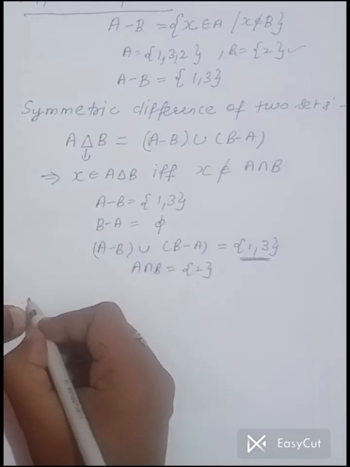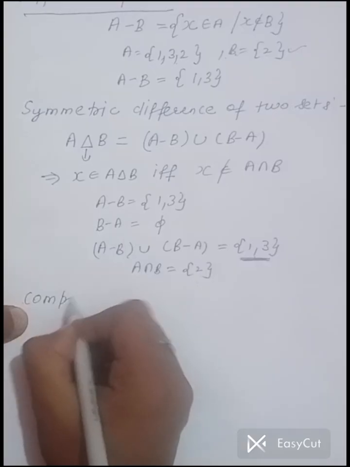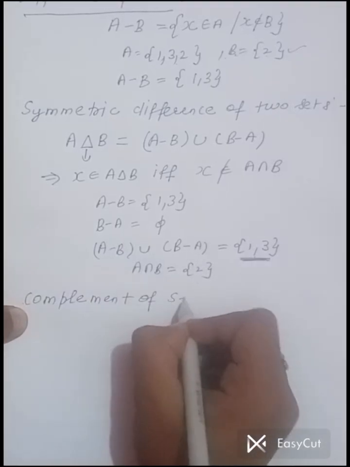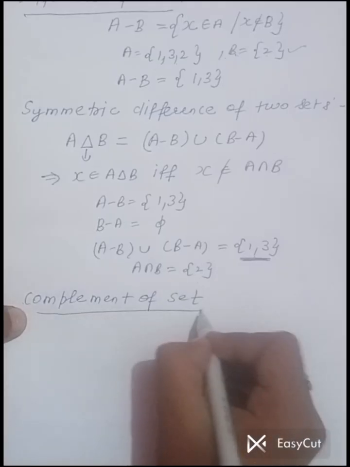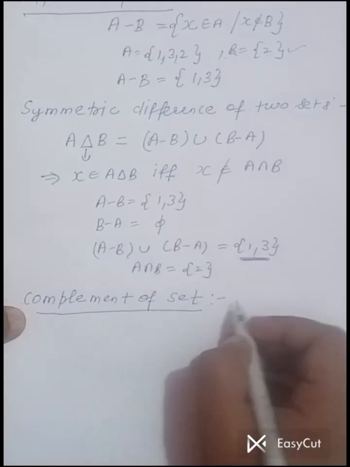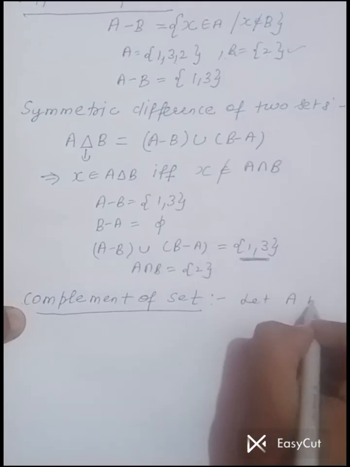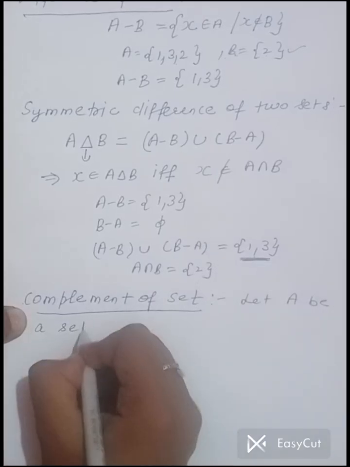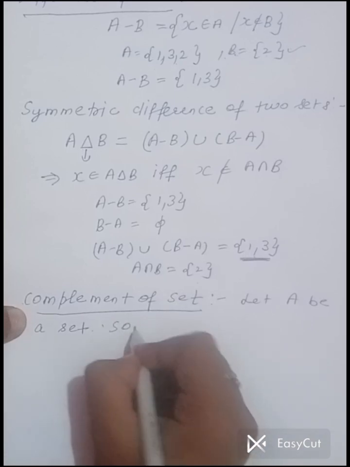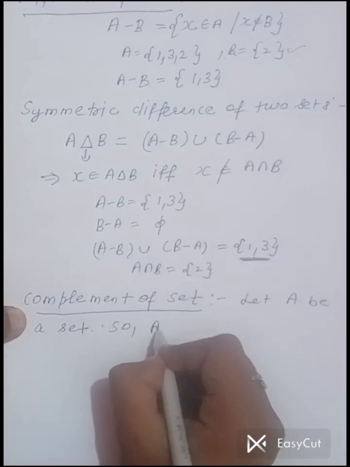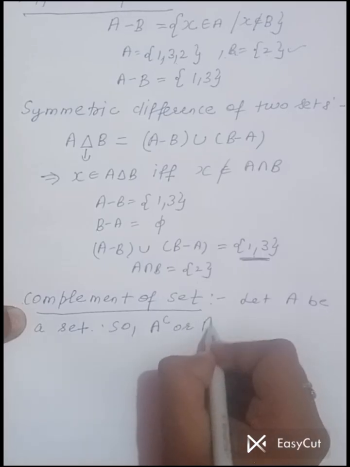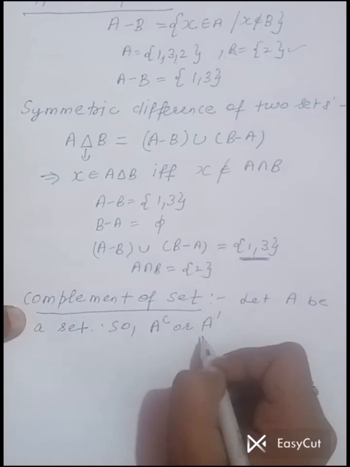The next one is the complement of a set. Let A be a set. So the complement is A complement, or we can easily define it as A dash.